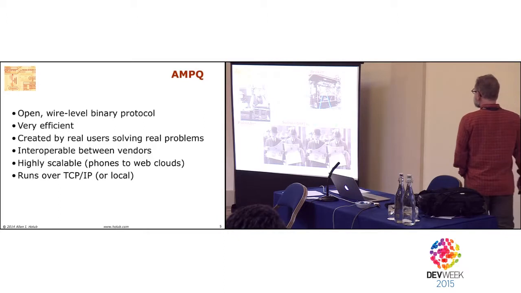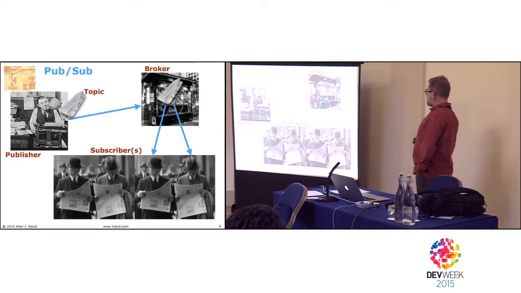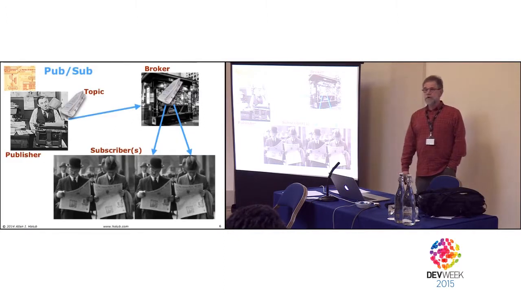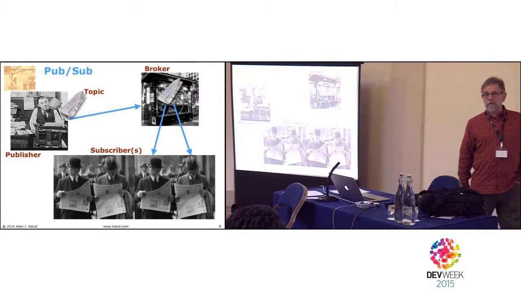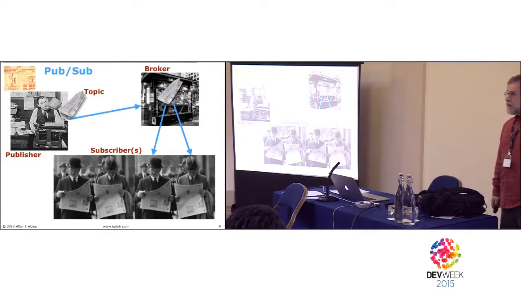Now, there are a couple of metaphors with respect to messaging that work across all systems, again, whether or not there's a broker present. So let's talk about them. First metaphor is the publish-subscribe metaphor, which we're all familiar with at some level. The basic idea is that you have a publisher who publishes things on a certain topic.